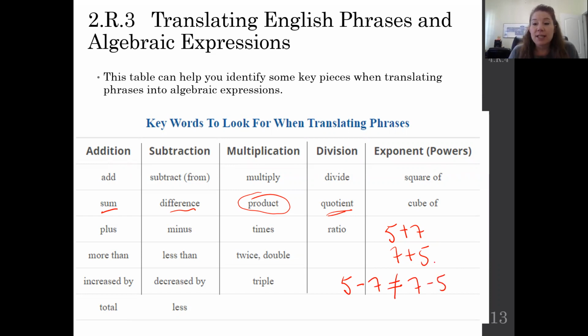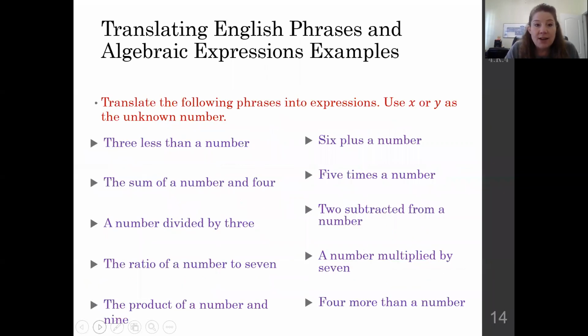So as we go through this, when I talk about the order that you have to write these particular phrases, it's very, very important. All right, so let's look at a few. The main phrase I want you to be familiar with is less than, okay? So less than is one where you take the way it's written and you reverse it. So 3 less than a number. Usually you can use whatever variable you want, X or Y. If you're in HOX, it tells you what variable to use.